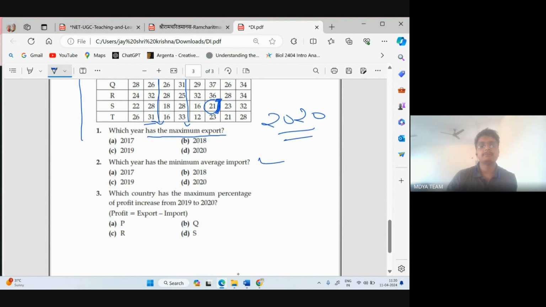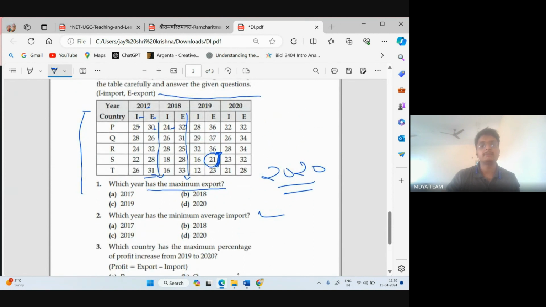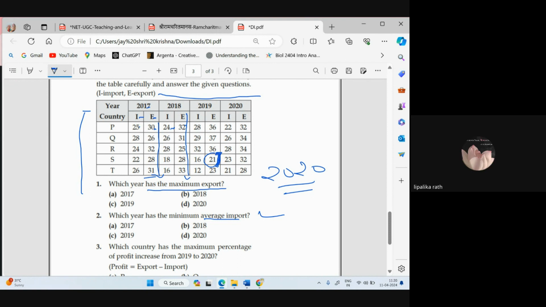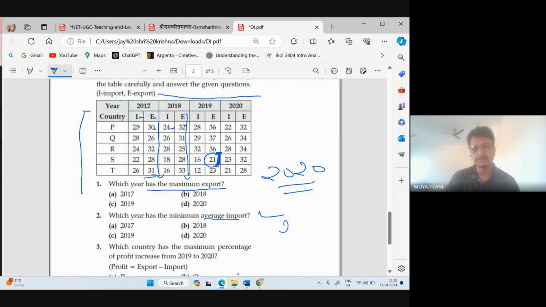Next: which year has the minimum average import? First calculate the average import for every year.